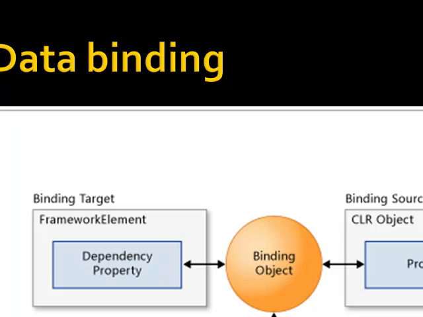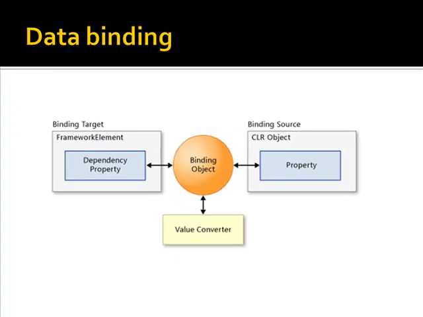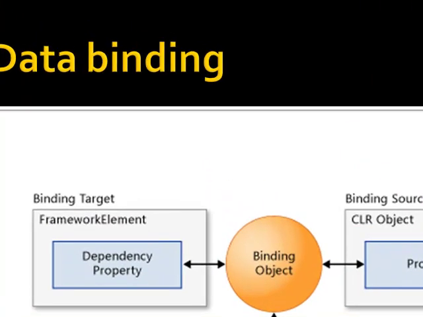If you take the list box, the dependency property of the list box is item source. Okay, so we are going to create a binding between the binding source, which is going to give you the data, and the target which is going to display the data, and we also call this a framework element. That means the XAML controls, the UI controls.